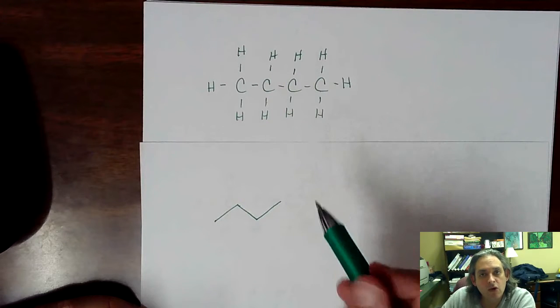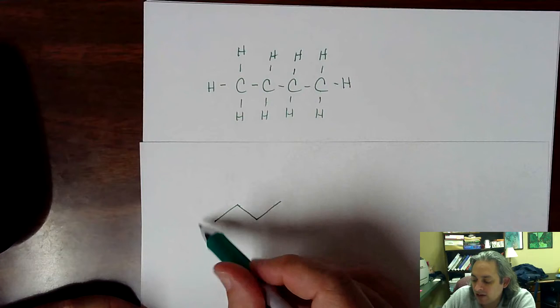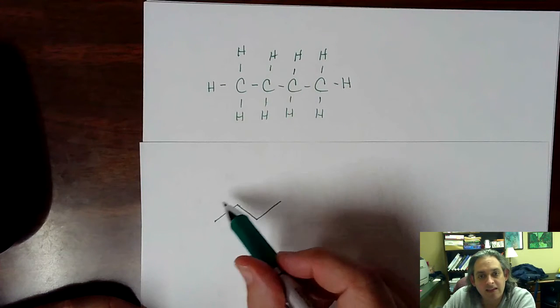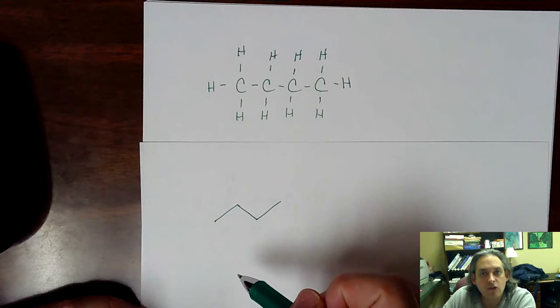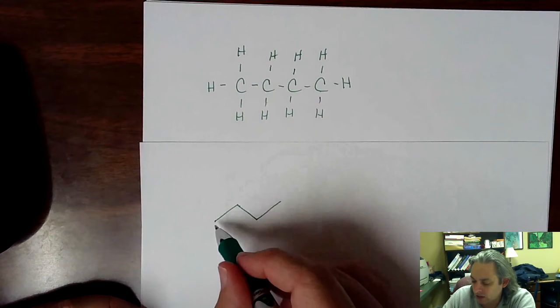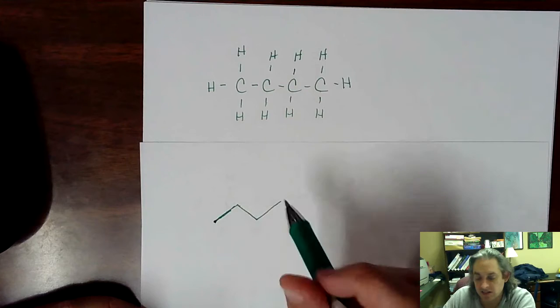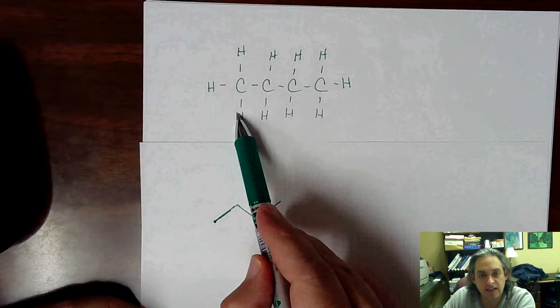Now we know that carbon always has 4 bonds, and so if there are no other elements listed in the structure, we assume that all the other bonds on each carbon are to hydrogen. So this point right here is a carbon. We only have 1 bond here, so that means we have 3 hydrogens attached to that, and that's what's shown right here.